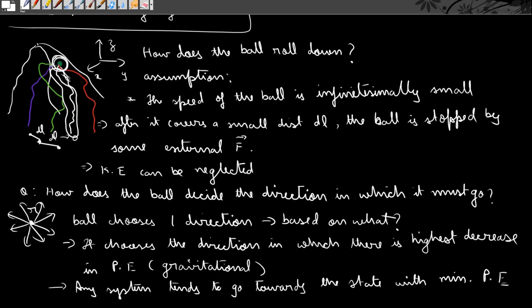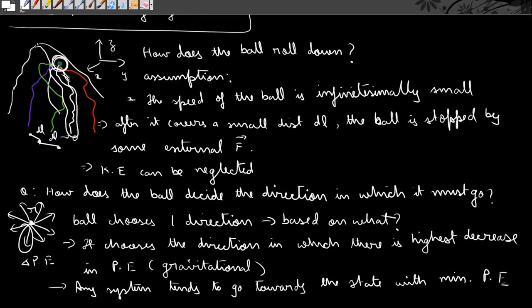So what this translates to here is that the ball is going to choose a particular direction wherein the change in the potential energy, or the decrease in the potential energy, is going to be maximum. So that is how it chooses this direction. That is the condition that the ball must follow to choose the direction.